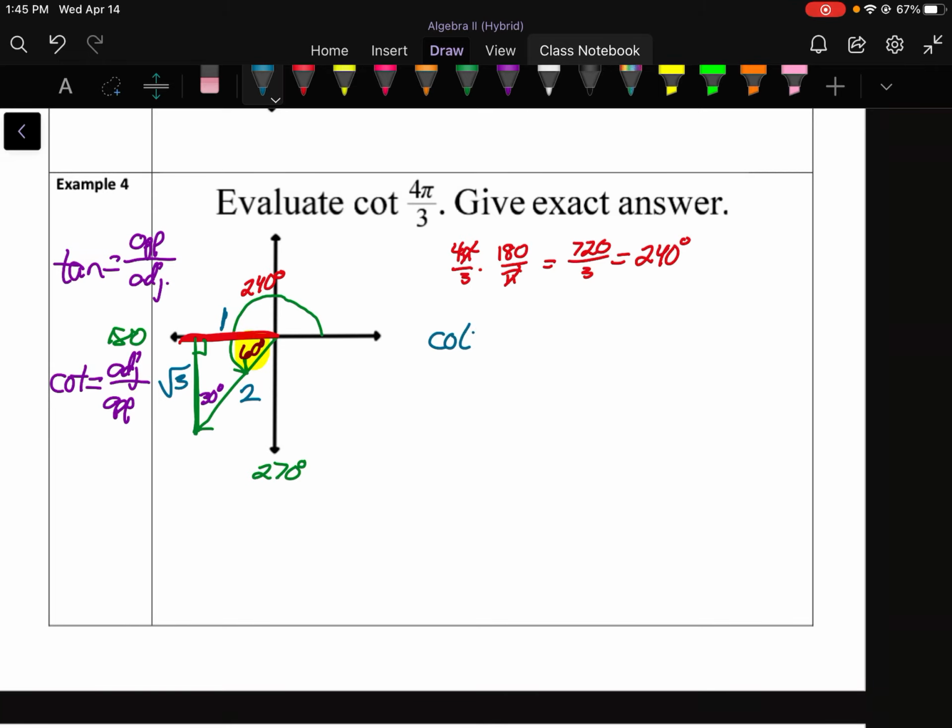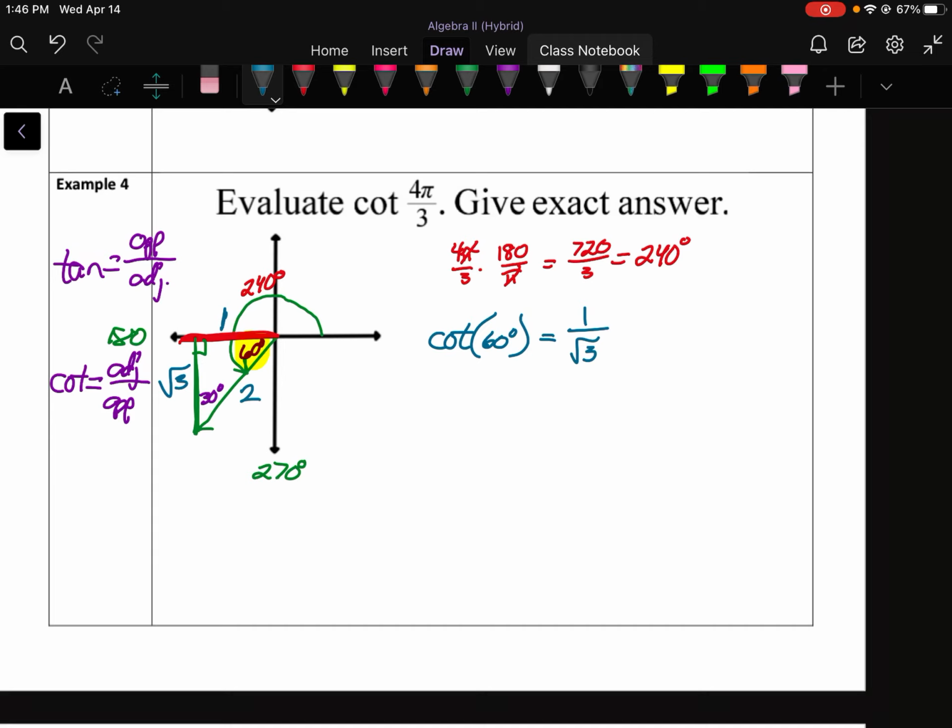So if I want to find cotangent of 60 degrees, and then again we are going to have to decide if it's positive or negative. We need the adjacent side, which is going to be 1, over the opposite side, which is going to be the square root of 3.